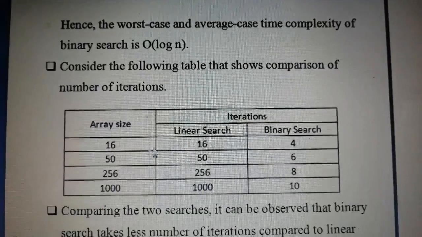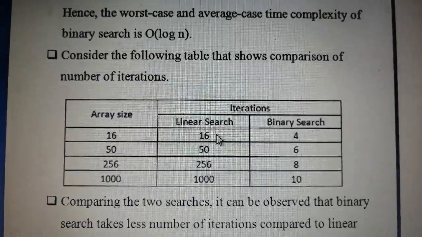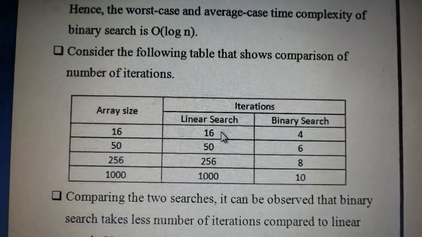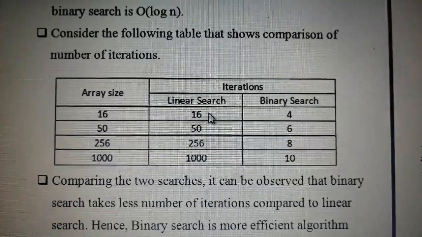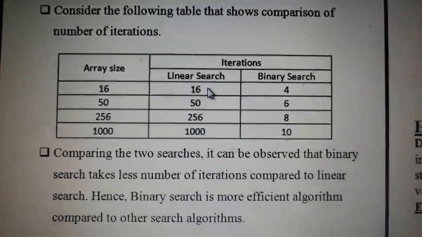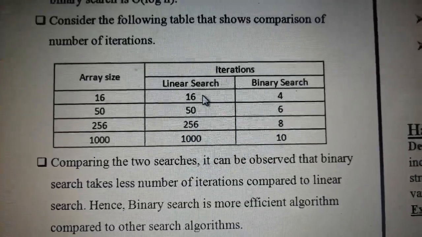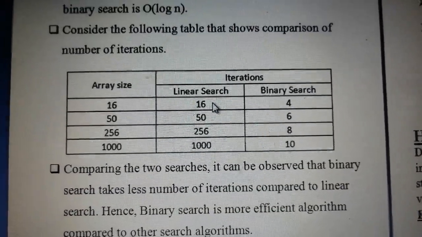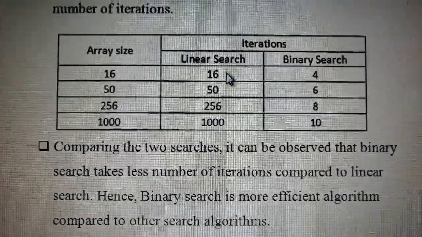If the array size is 16, linear search needs a maximum of 16 comparisons, while binary search needs 4. That is, it limits the comparisons compared to linear search. So we use the binary search technique to find the desired value in the array.